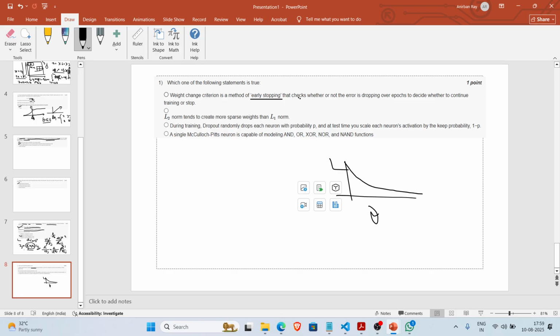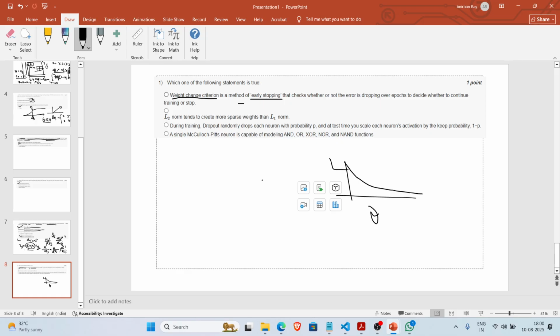Now they have defined a method called weight change criterion. They say it is a method of early stopping that checks whether or not the error is dropping over the epochs to decide whether to continue training or stop. So it is not correct.